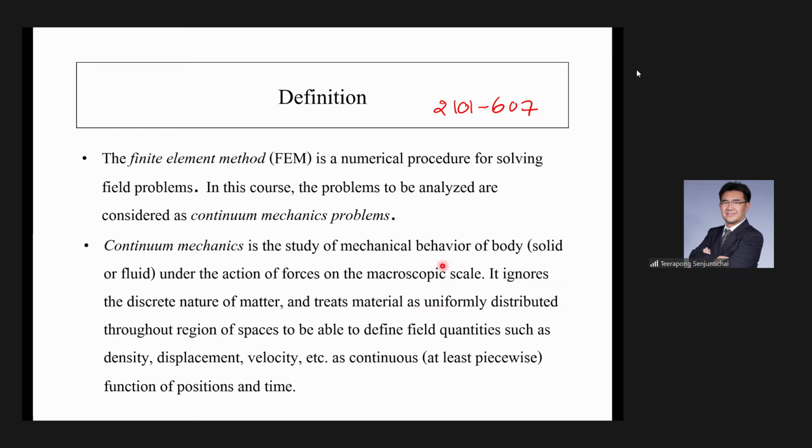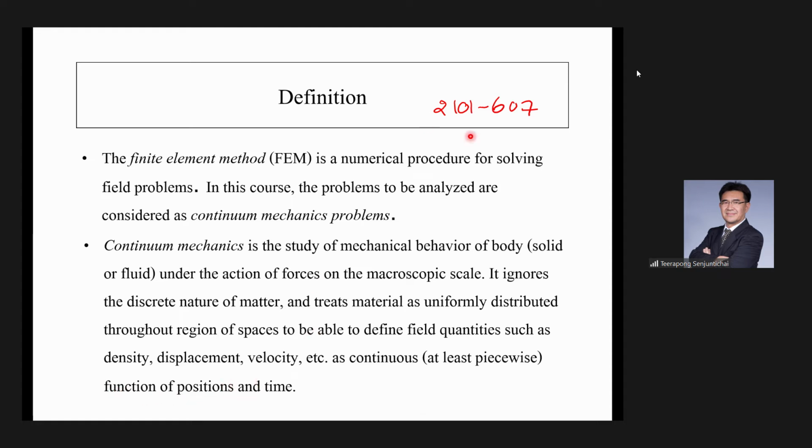The keyword is here: macroscopic scale. So it ignores the discrete nature of matter and treats materials as uniformly distributed throughout a region of space, to be able to define field quantities like density, displacement, velocity, etc., as continuous functions of position and time.